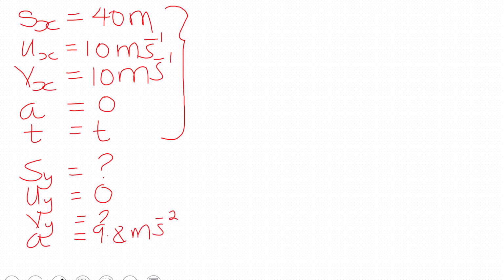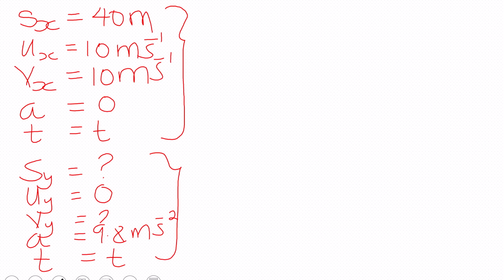And then lastly, the time will be the same as the time in the x direction. So you realize that this information for y is lacking. So we can use the information for x to get time t, and we now bring the time t in this y direction.